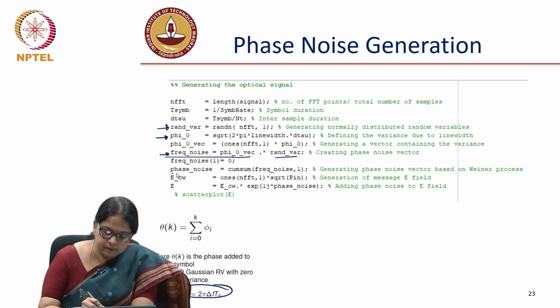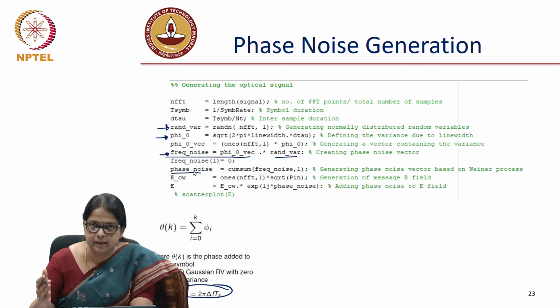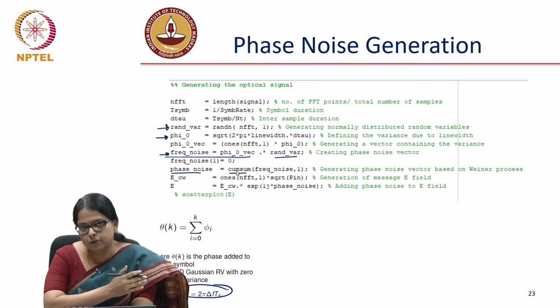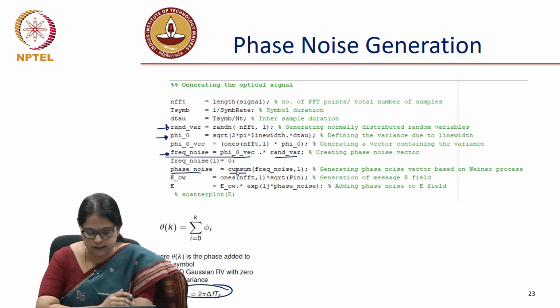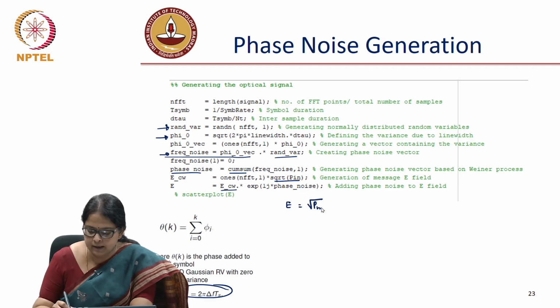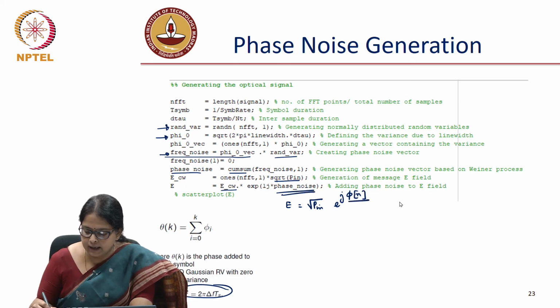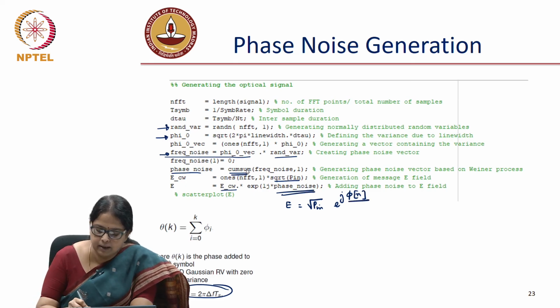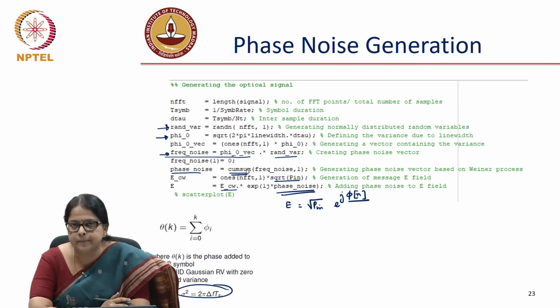The phase noise for any specific symbol is the cumulative sum of the phase accumulated up to that point. And so, your electric field, which is the square root of power, is square root of P in times exponential j times phase noise, and this phase noise for the kth symbol is the cumulative sum of the phase noise accumulated from the previous symbols.